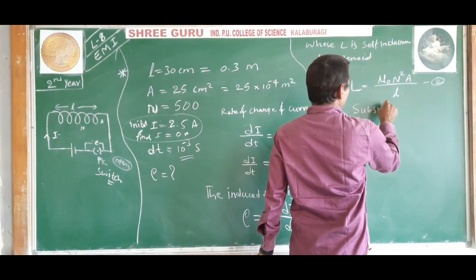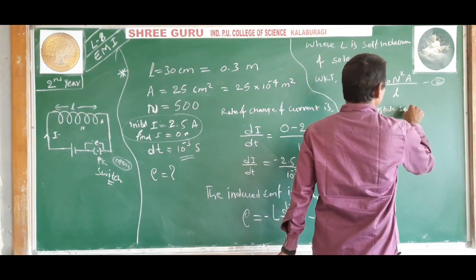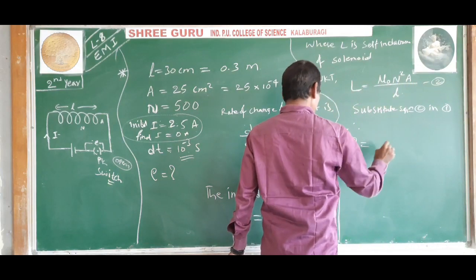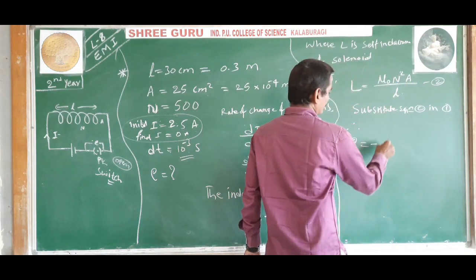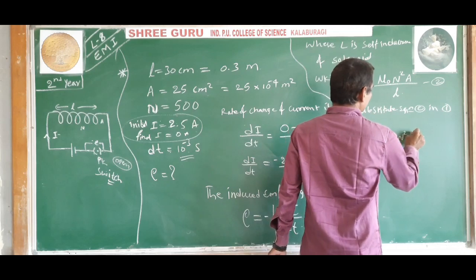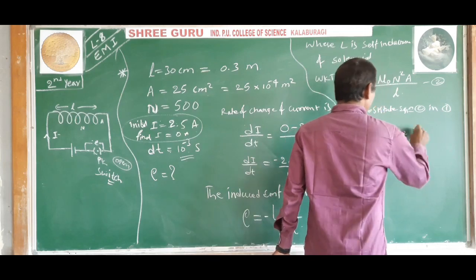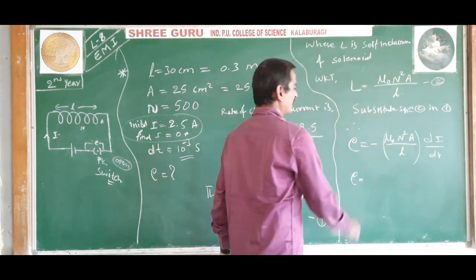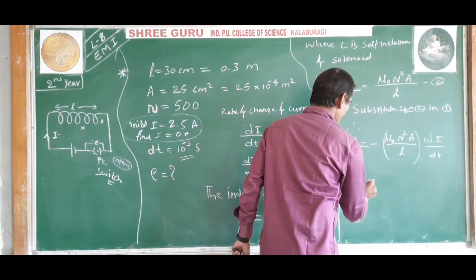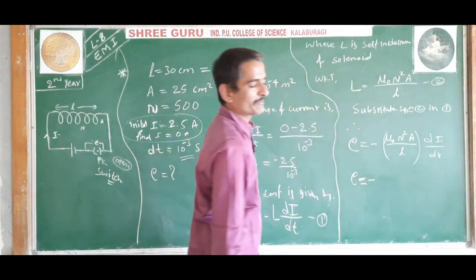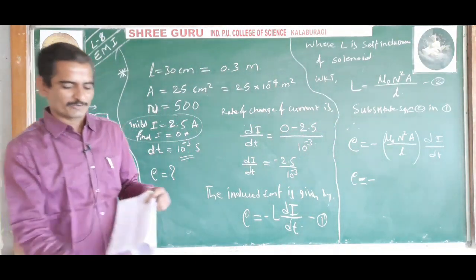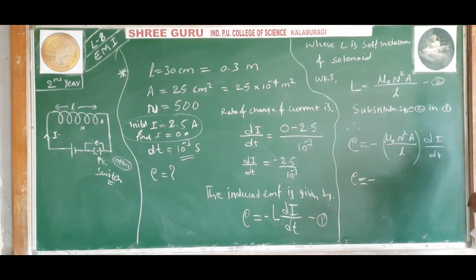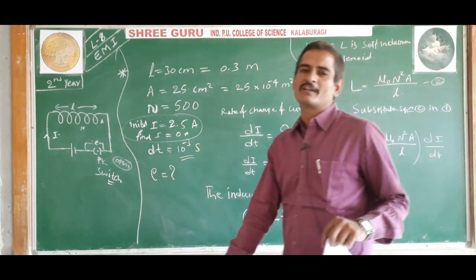Substitute equation 2 in 1. So E is equal to minus L, where L is mu naught n square A divided by L, into di by dt. Now substitute the values and you will get the answer. What is the value of mu naught? You have to remember the constant values. In the exam they will not give the values of constants. In physics you will get constant values in almost all the chapters.